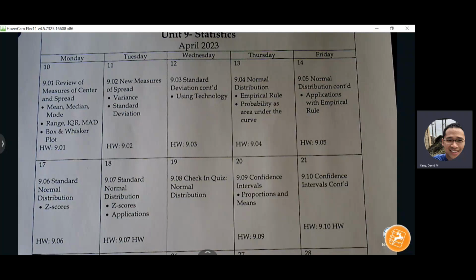And then tomorrow we'll do variance, standard deviation. Thursday, Friday, we'll do normal distribution. So there's quite a bit that we need to do there. And then we'll have review Tuesday. We'll have a short check-in quiz on Wednesday next week. Okay.